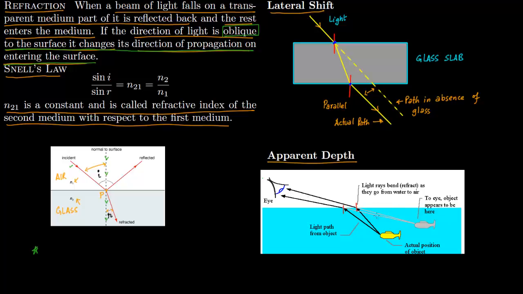The eye thinks that the ray is coming in a straight line. The eye always thinks that the ray is coming in a straight line. And so if you plot the line straight like this, then you see the submarine is here.